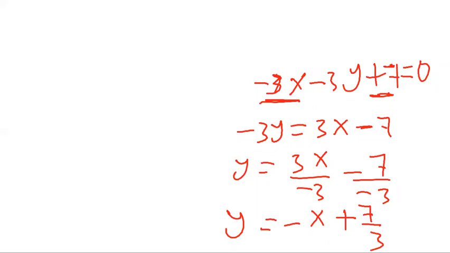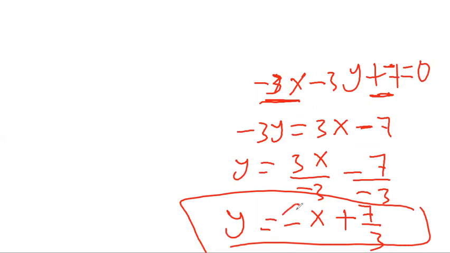From where plus? Negative divided by negative equals positive, and write 7 over 3 as it is. So now the gradient of this equation is also negative 1. It's the same. So B also is parallel to the equation y equals negative x plus 6.